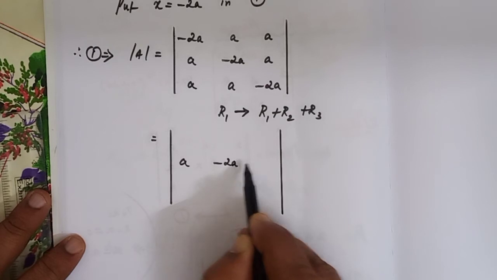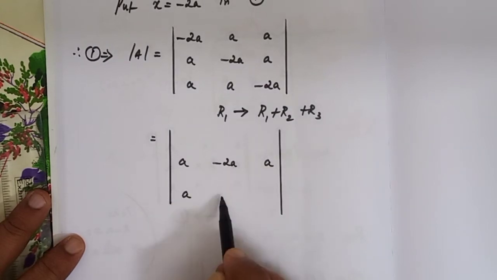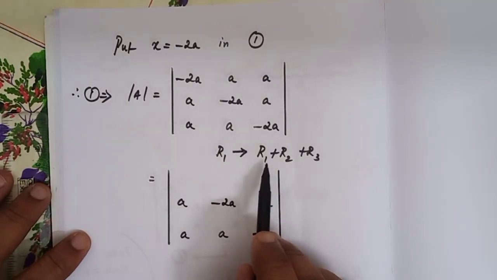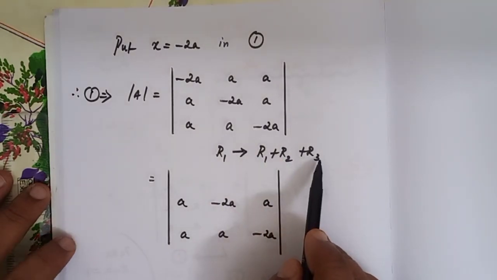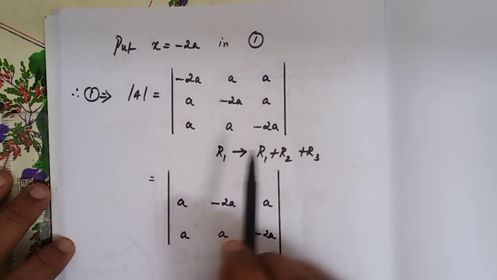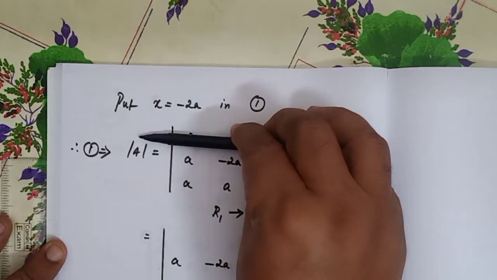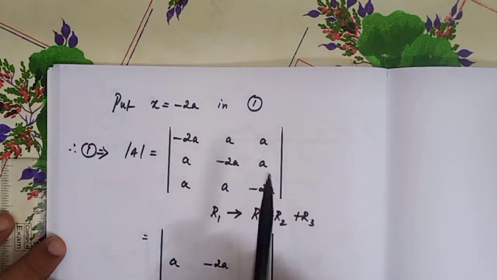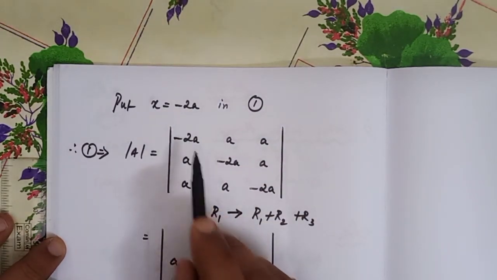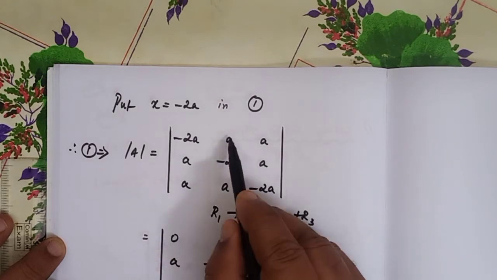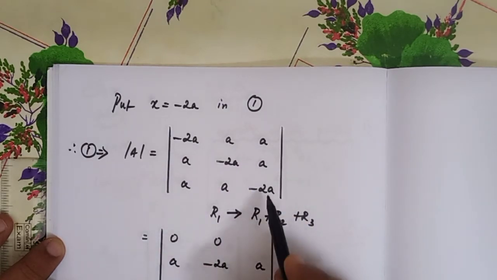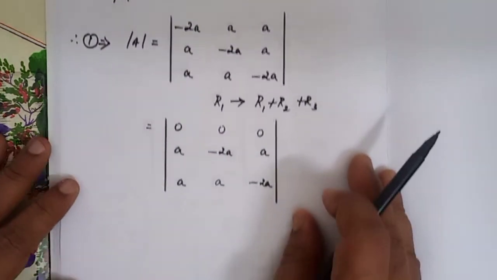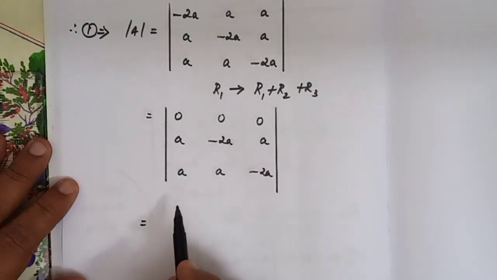I am adding R1, R2, R3 and writing that in R1. Add in this direction: a plus a plus minus 2a is 0, a plus a plus minus 2a is 0, a plus a plus minus 2a is 0.